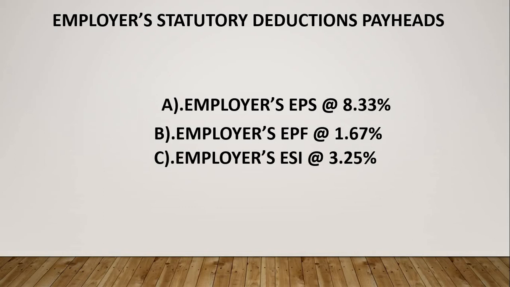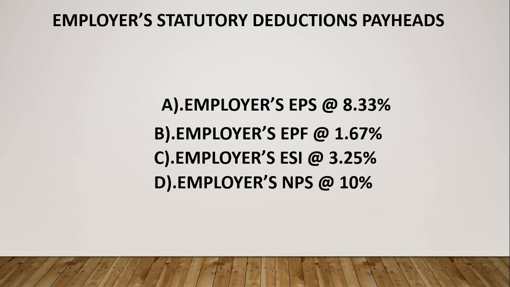Next one, employer's ESI at 3.25%. Earlier it was 4.75%. Now it is reduced to 3.25%. Next one, employer's NPS at 10%. So this is tier 1. Both the employee and employer contributions are calculated on basic salary plus dearness allowance.